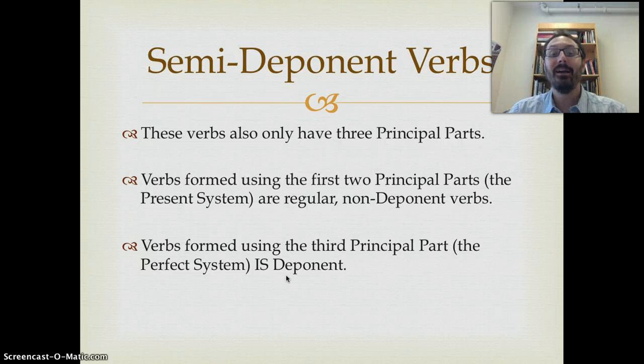Ausus sum, I dared. Right? It translates actively, just like a deponent verb, but it is passive in form. Right? Ausus sum is perfect and passive. And so that is a verb that is called semi-deponent because it's deponent sometimes, not all the time, just about half the time, right? Only in the perfect system. Okay.